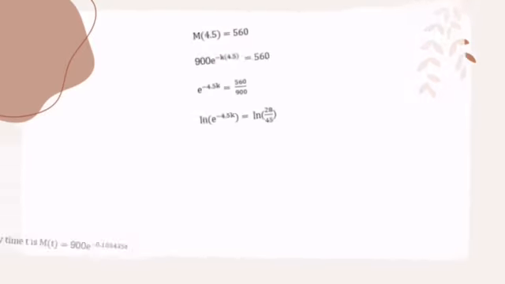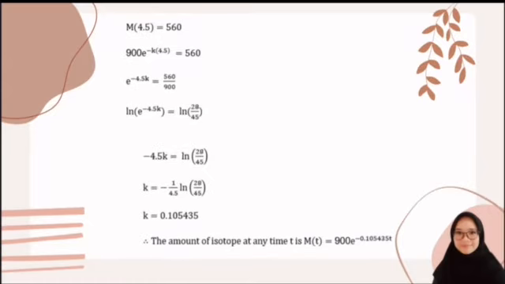We substitute the second condition, when t is 4.5, m is 560, into the equation m equals 900 e to the power of negative kt. And we get 900 e to the power negative 4.5k equals 560.